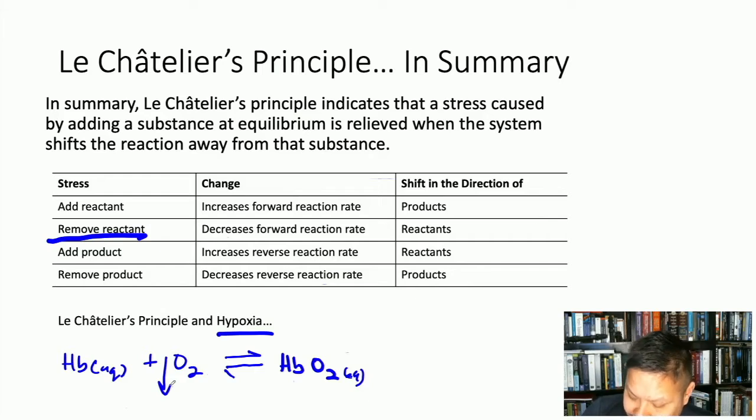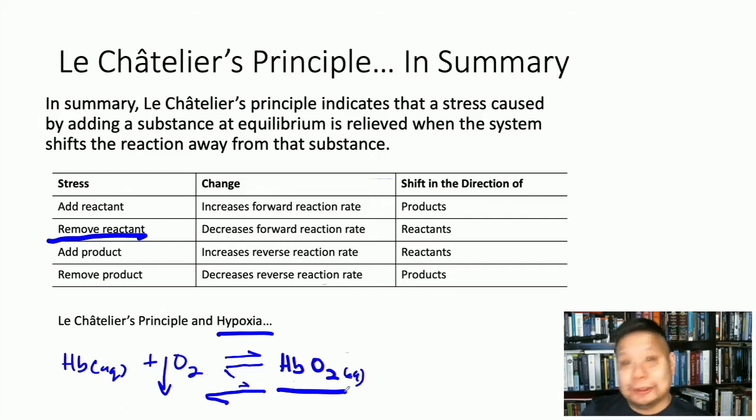So instead of having these nice equal arrows going back and forth, the forward arrow actually becomes much smaller, right? And then the reverse arrow becomes bigger in an attempt to regain equilibrium. That means you're making a lot less oxyhemoglobin, which is what you need to survive, right? And that's why you could experience hypoxia.